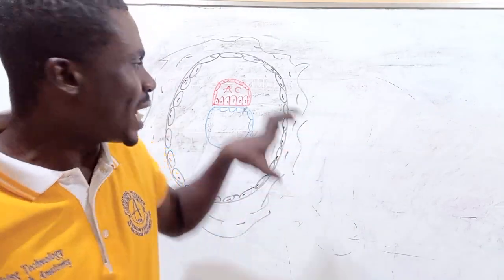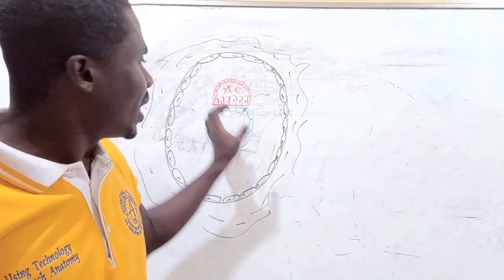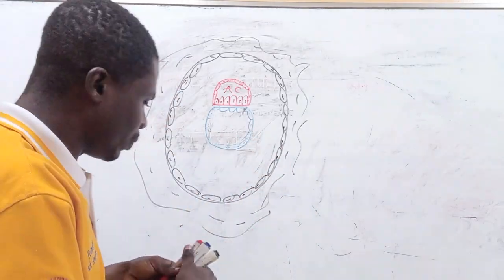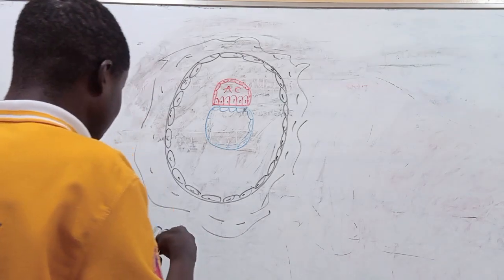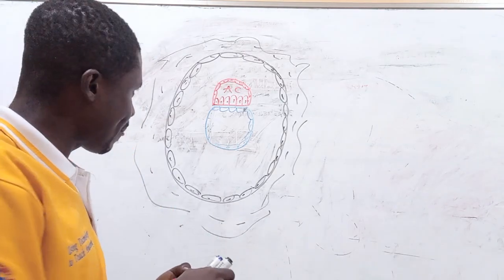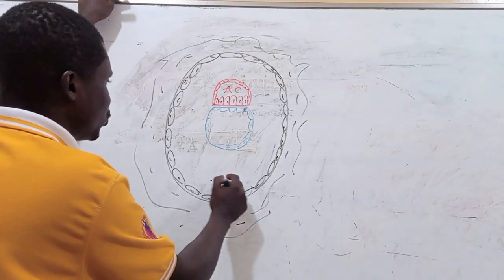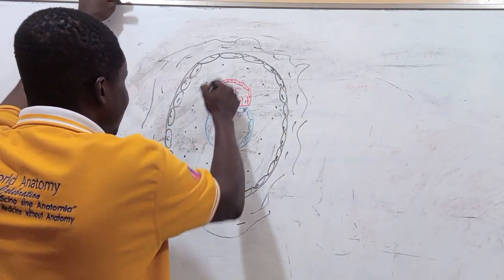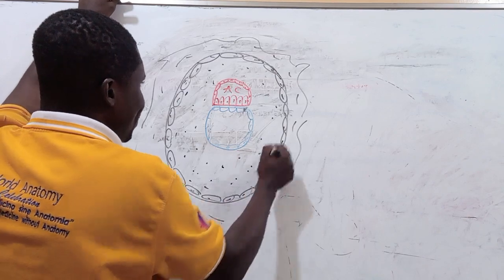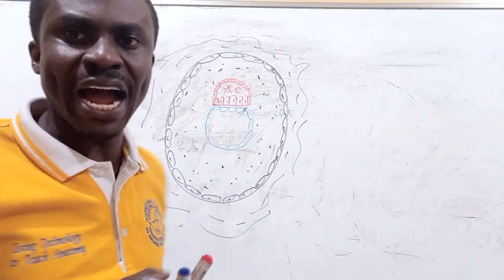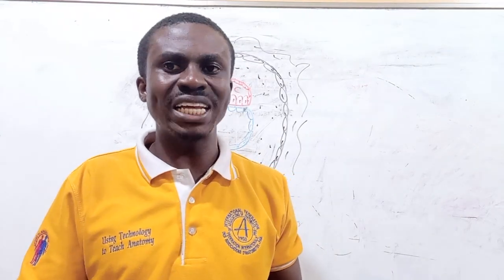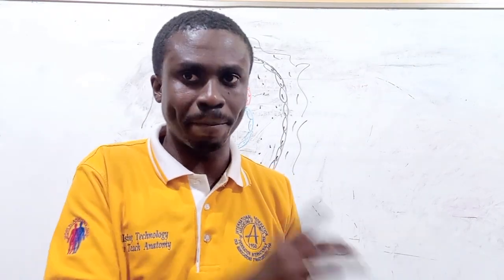So somewhere between the embryoblast, or the embryo proper, and the trophoblast, let me use this black color to show, there will be another area, this whole place, called mesoderm. But this mesoderm is from outside the embryo proper. Therefore, we call it extra embryonic mesoderm.